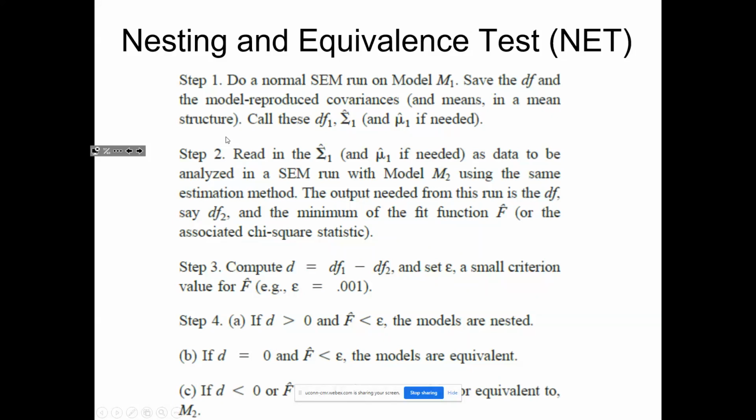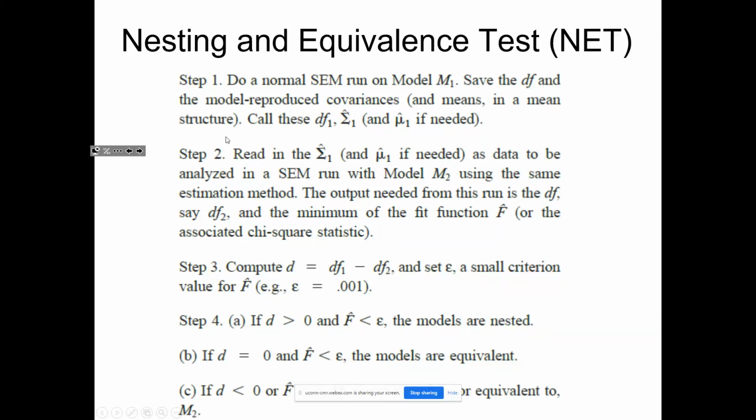If I run it with a nested model that I think is more complex, those two models don't have the same degrees of freedom, but the chi-square using that model implied variance covariance matrix is still going to be 0. Follow the logic?